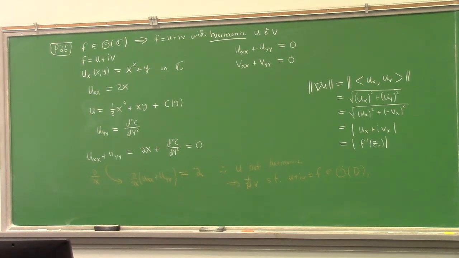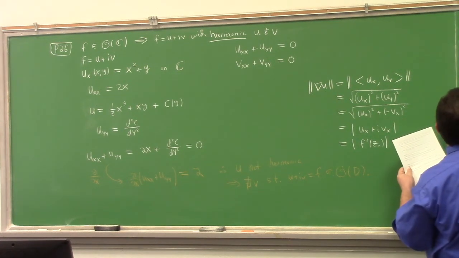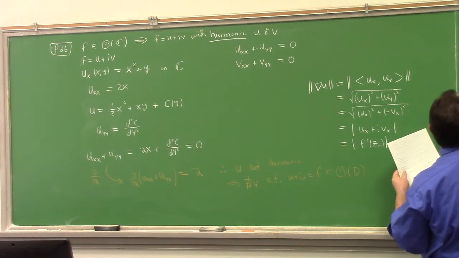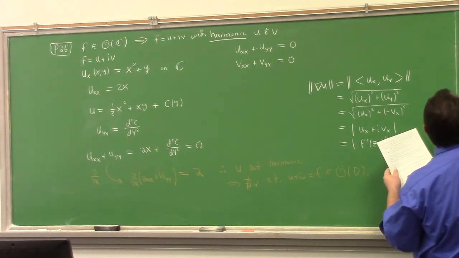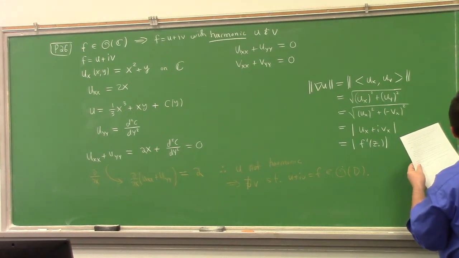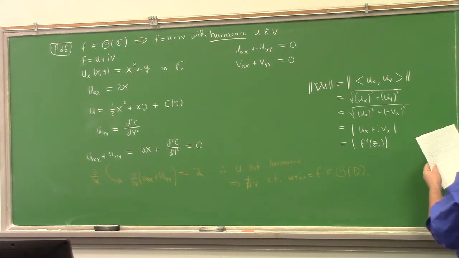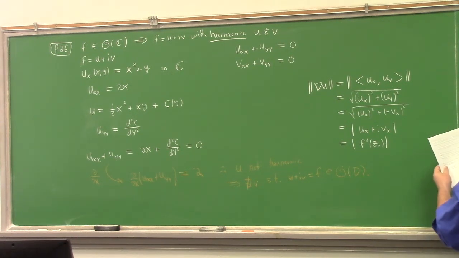What I mean is, to show it's continuous on C, you want to show the limit as z goes to z naught of f of z. So the limit as x plus iy goes to x naught plus i y naught of x plus (y plus iy) squared.